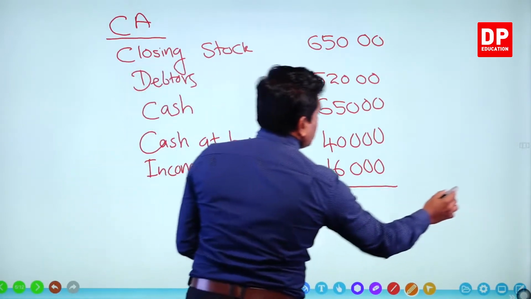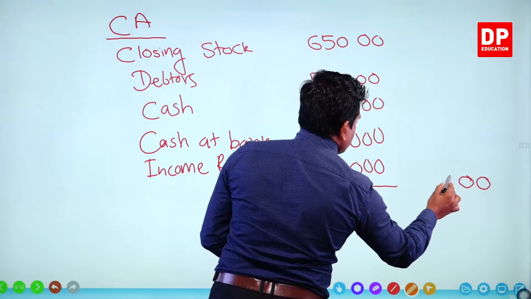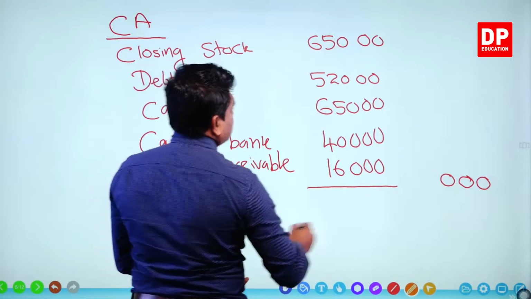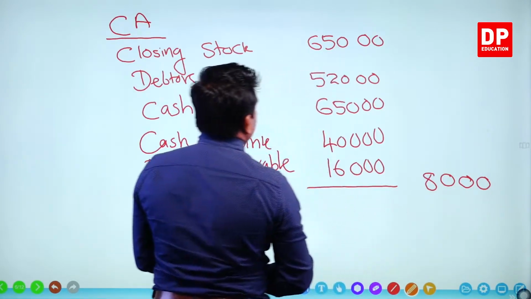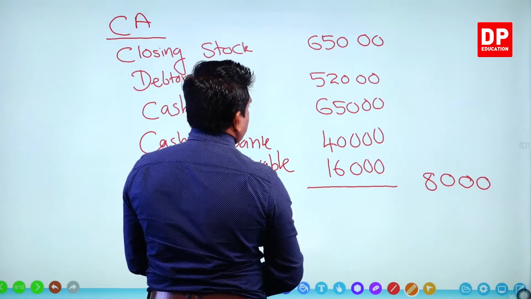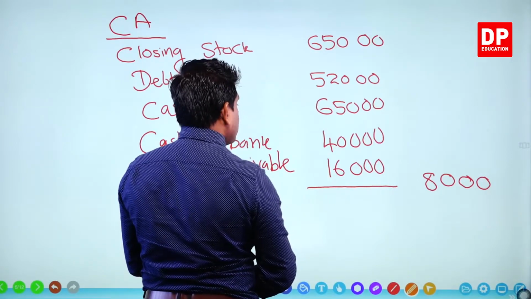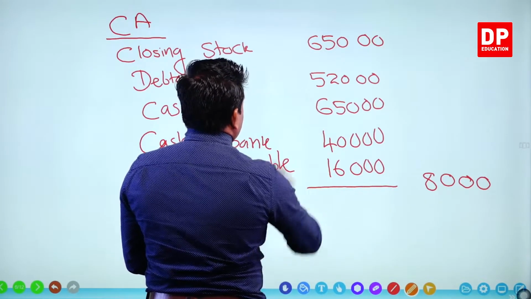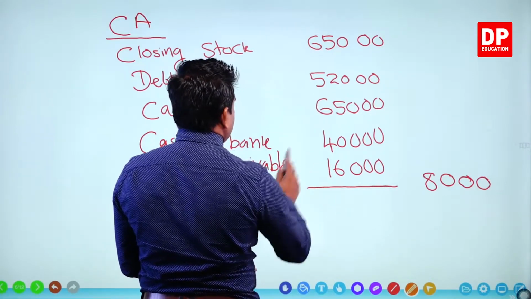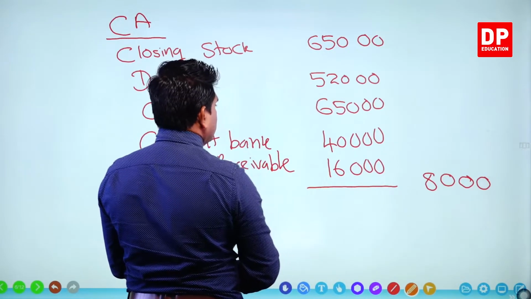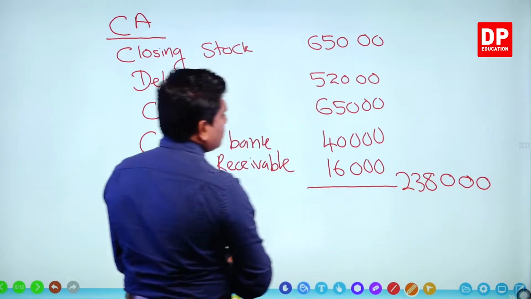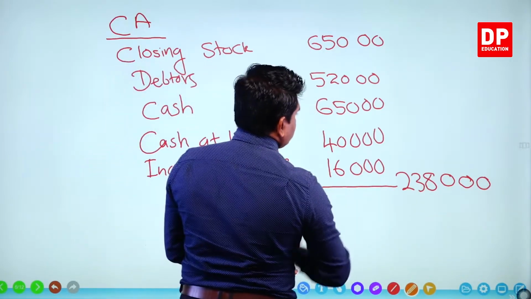How? 0, 0 and 0, right? 5 plus 7, then 7 plus 12 plus 6, 18,000. 6 plus 6, 12, 17, 18, 22, 23. Right? These are the total current assets.